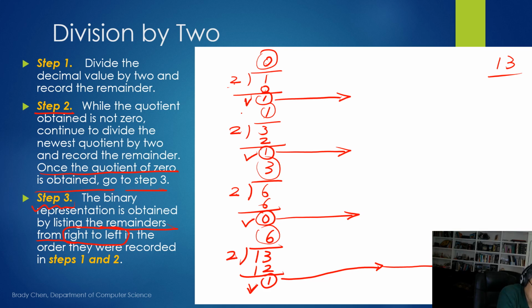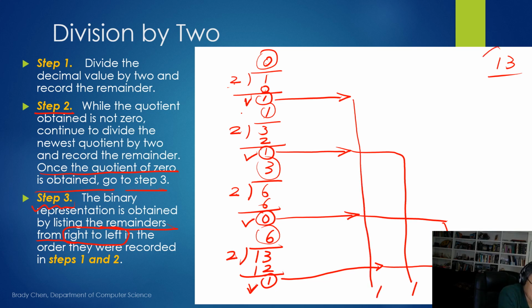And then the second recorded remainder is put next, from right to left. And the third one recorded here, and the fourth one here. So the number 13 can be recorded as 1101. That's the binary representation for the decimal value 13.